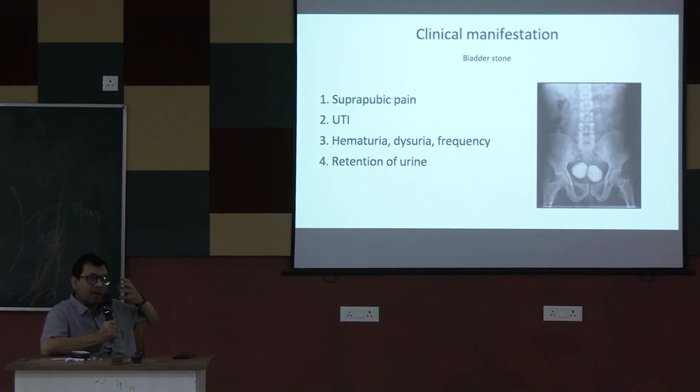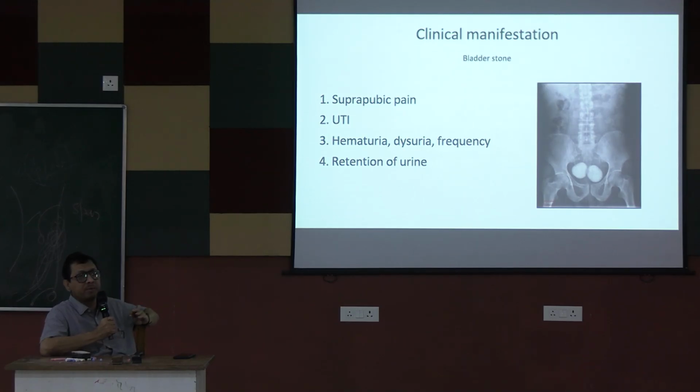Patient is having a large prostate, by which there is always some residual urine in the bladder. That retained urine gradually precipitates stone, or if there is recurrent infection in the system, all this leads to bladder stone formation, or it can come from above.